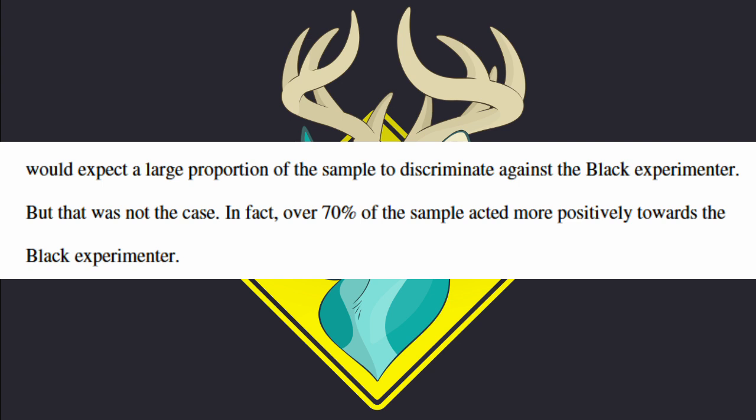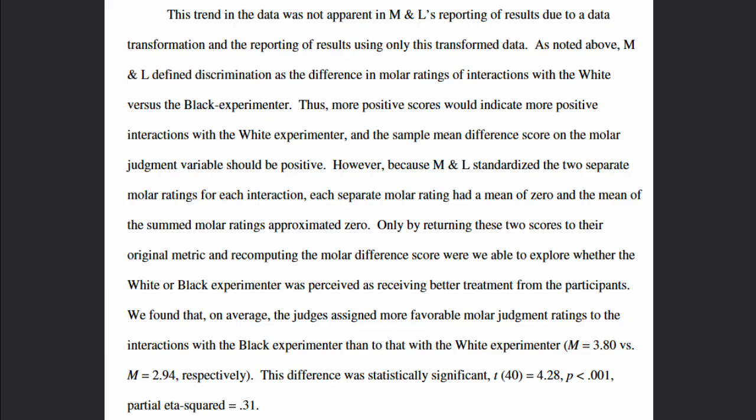But that was not the case. In fact, over 70% of the sample acted more positively towards the black experimenter. This trend in the data was not apparent in M&L's reporting of results due to a data transformation and the reporting of results using only this transformed data.